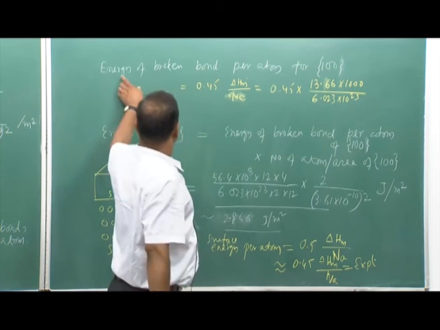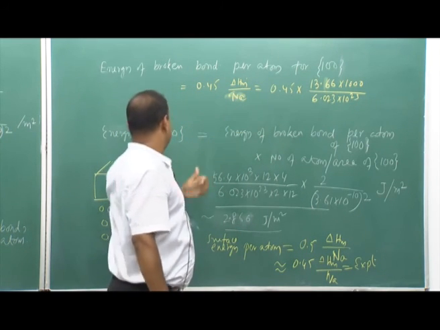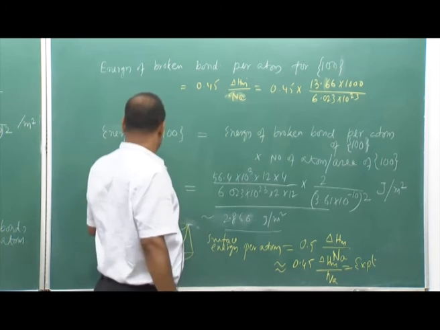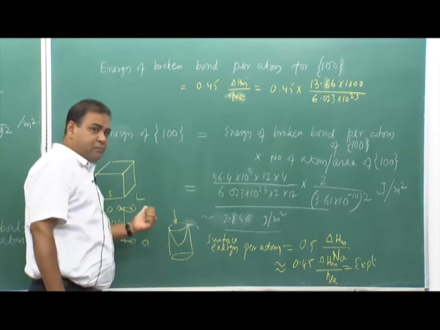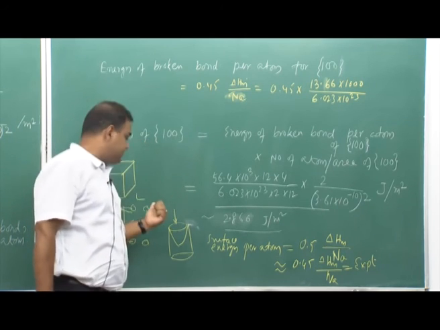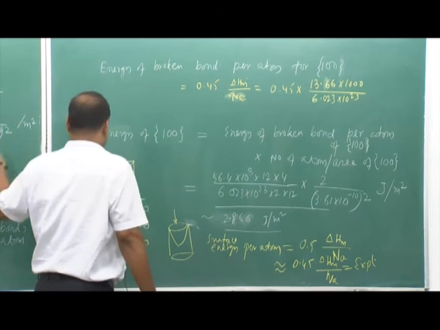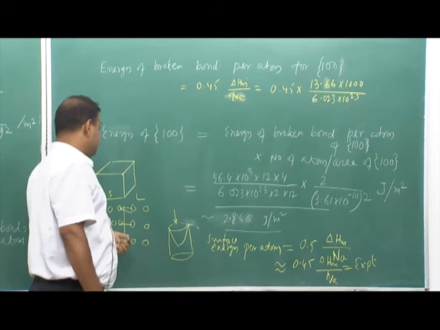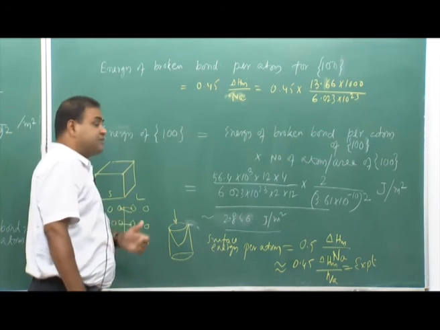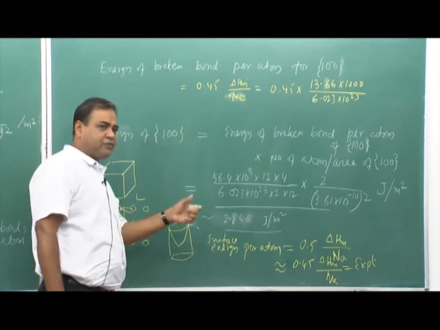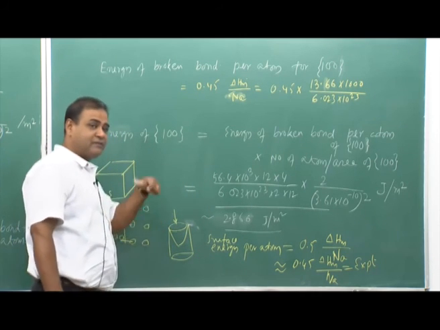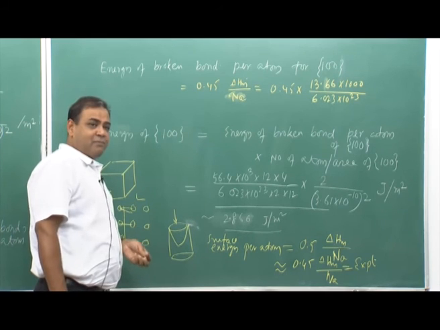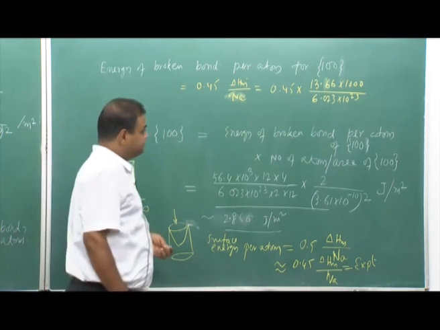This becomes the energy of broken bond per atom. Mind it, I am considering that this bond is not completely broken, as we assumed in the last case, the vapor-solid interface. Here we are saying that this bond is half broken, and half of that half-broken bond is coming to solid and half is coming to the liquid atom.